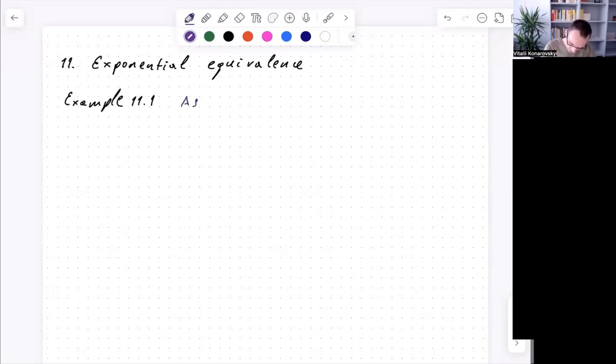Assume that we have two functions from R to R, a and b, that are bounded Lipschitz continuous functions.